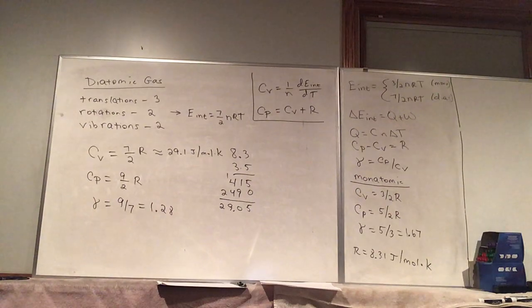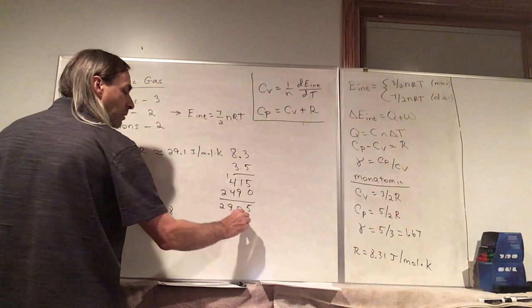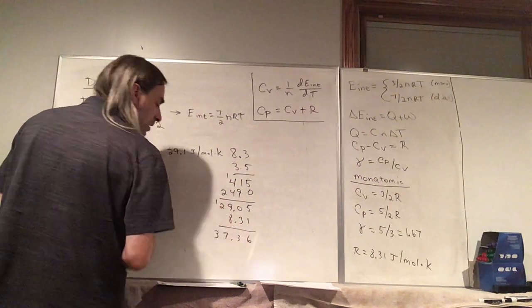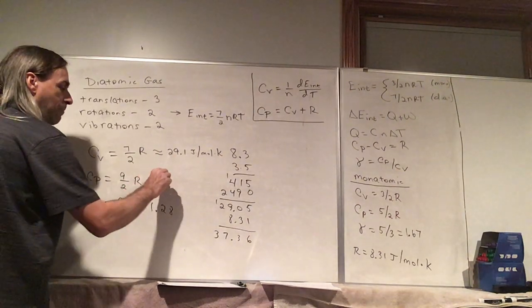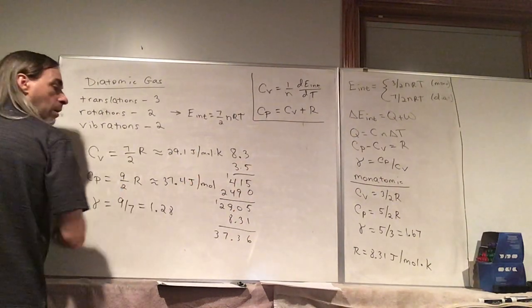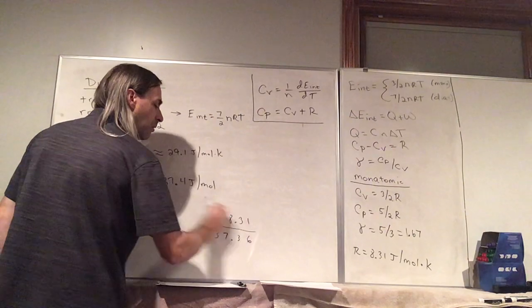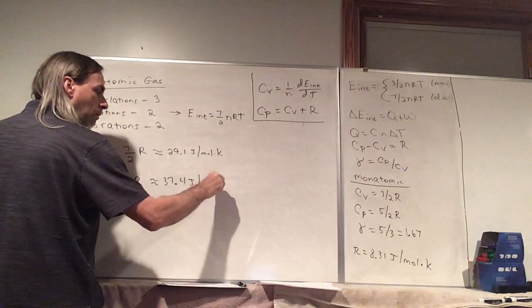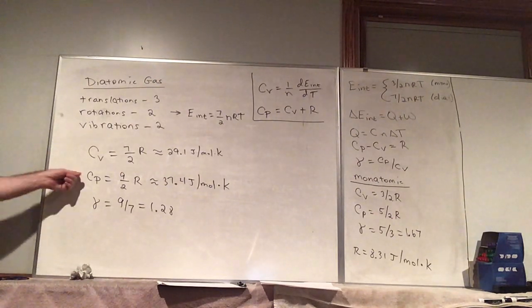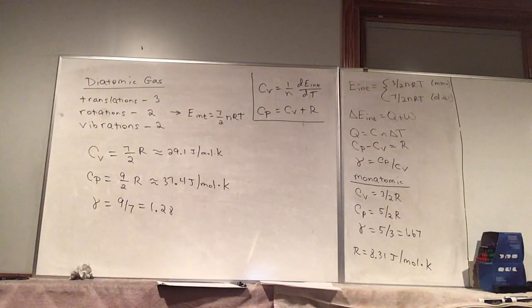And then 9/2 R, well, we can just add R to this. Let's say around 37.4. Okay, so these are the values that we're coming up with based on our analysis, what we should get for a diatomic gas. CV should be around 29.1, CP is 37.4, and gamma should be around 1.28.